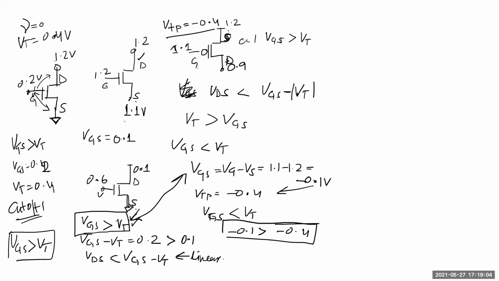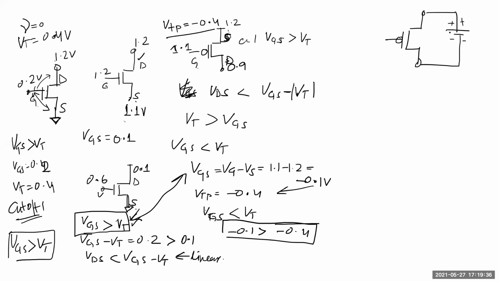So you guys need to review the conditions a lot, because there's a lot of confusion it seems. PMOS is always confusing when you start. The first thing you have to do is figure out which is the source and drain, right?